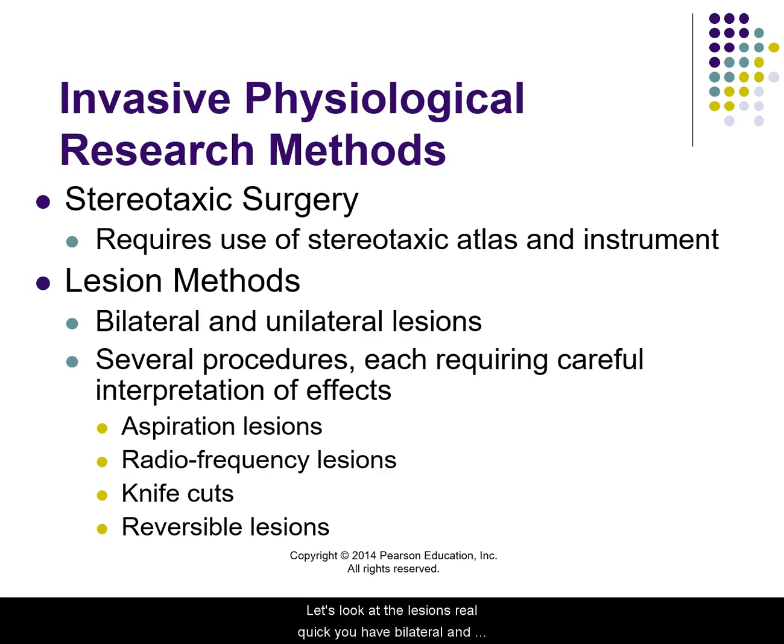Let's look at the lesions real quick. You have bilateral and unilateral lesions. Okay. Now let's go through our nomenclature again a little bit. Bilateral is going to mean that it's affecting both sides of the brain. Unilateral, just one. Most of the time when lesions are done for some kind of a disorder, they're mostly done bilaterally because the brain connects, that corpus callosum connects the two hemispheres, and so when that functionality is lost in one hemisphere, the other hemisphere picks up on that a lot of times.